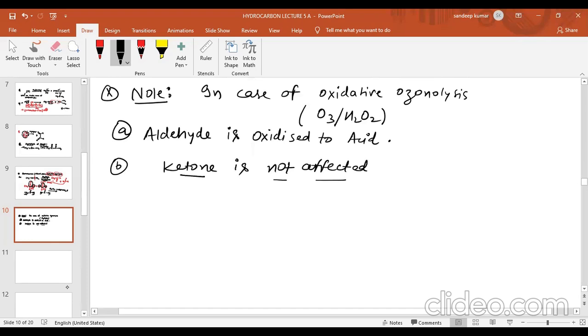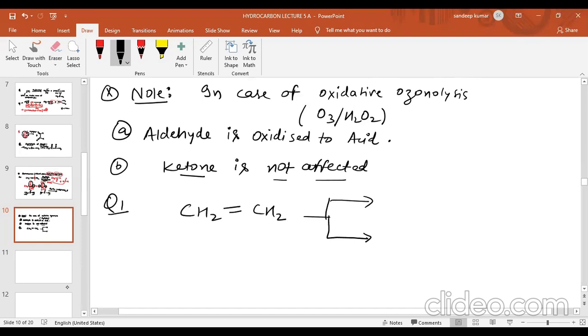Now see the questions. Complete all the reactions I am giving you. Question number 1: the compound given is CH2 double bond CH2. There are two paths for this reaction.